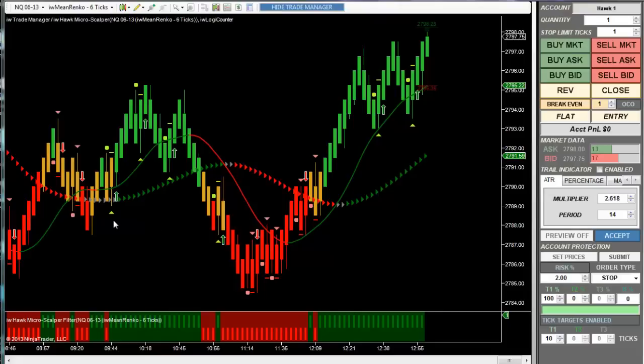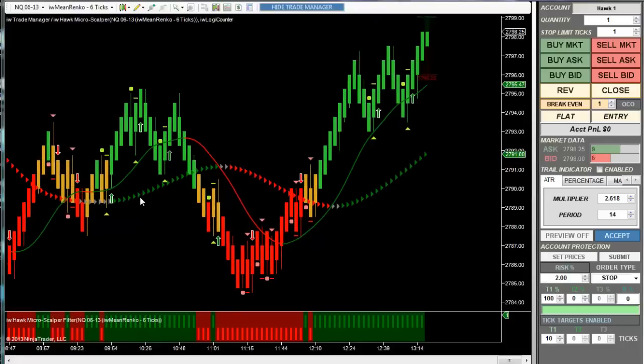Quite simply, my bar colors keep changing. They go from red to yellow to green, back to yellow to red, back to yellow to green. So there's no consistency in the bar color. And my micro and macro trend lines keep changing color as well. You can see my micro trend line goes from green to red, back to green, down to red.